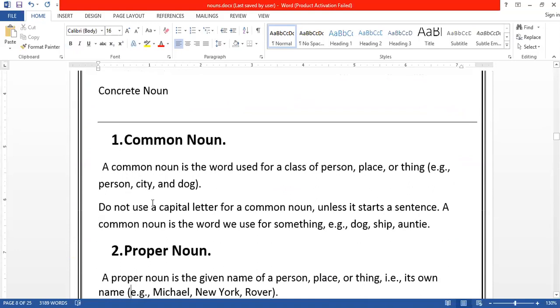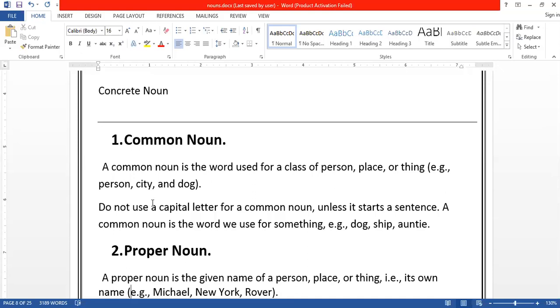What do I mean by common noun? Common noun, the first type of noun, is used for any common person, place, or thing, like person, city, animal, etc. For example, you want to name a noun commonly. Like if I say chair, so chair is a common name.